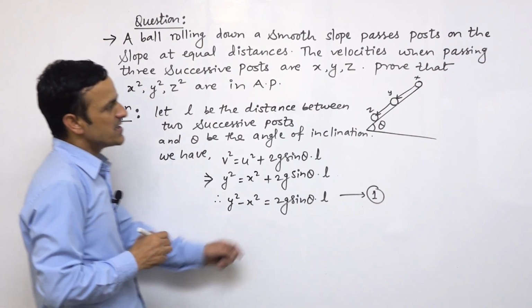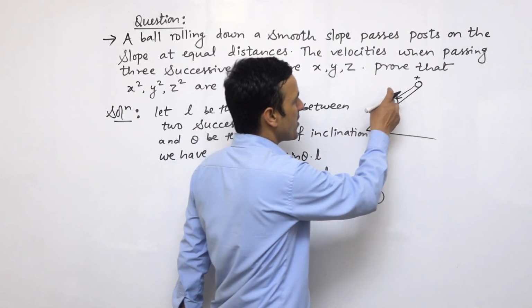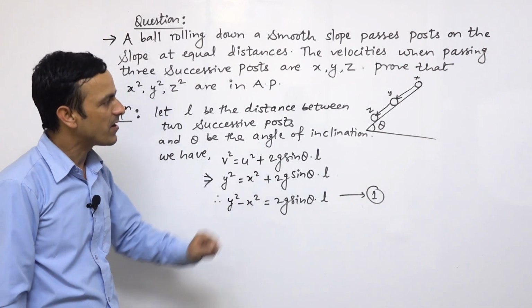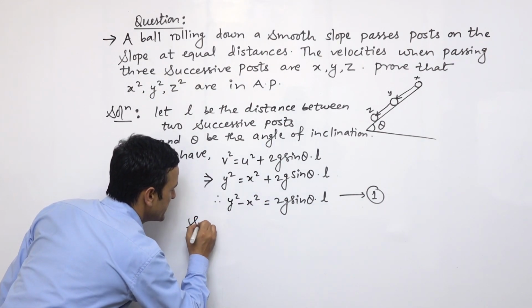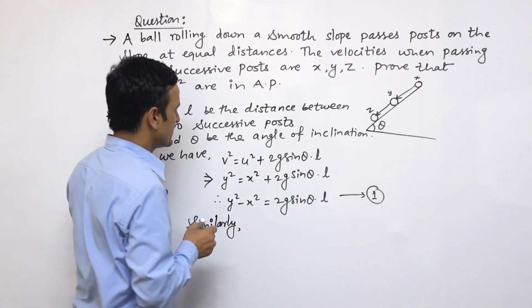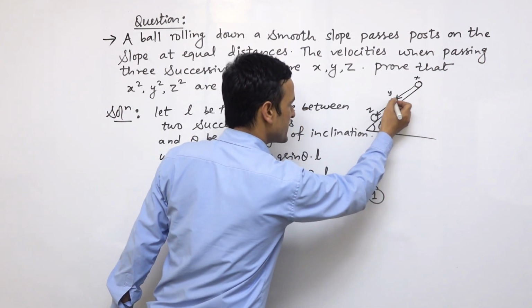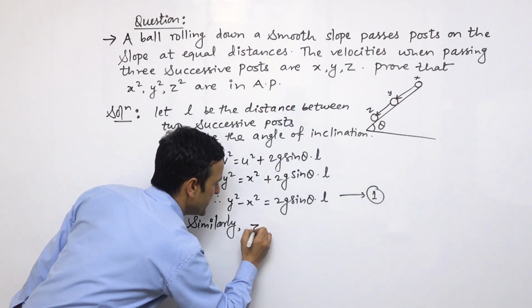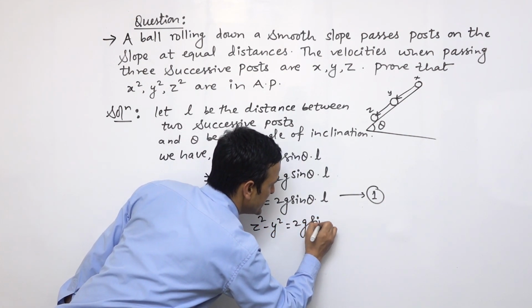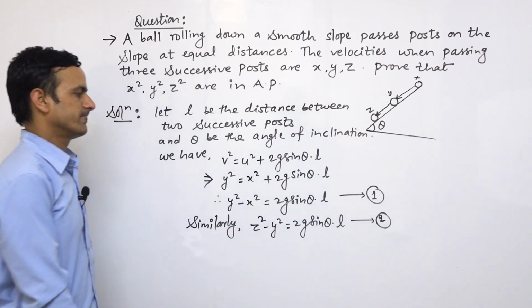And similarly, if we find out the velocities from this particle to this particle by using the same formula, then we get similarly, the formula will be same, and the equation from this post to this post is z square minus y square is equal to 2g sine theta into L. So it is equation 2.